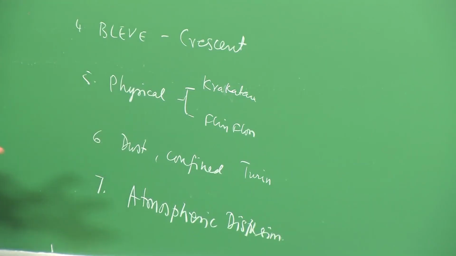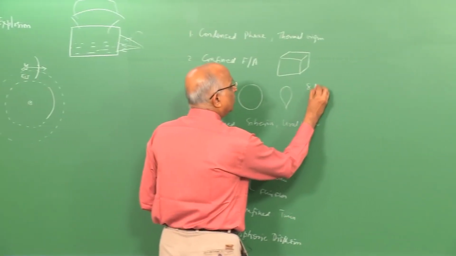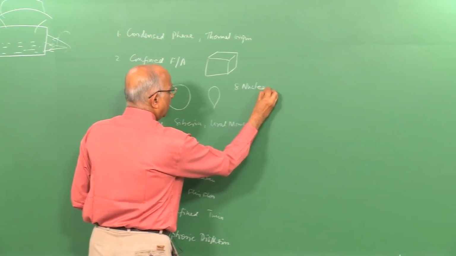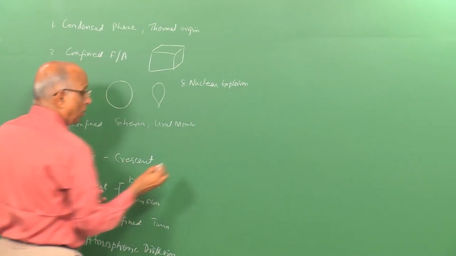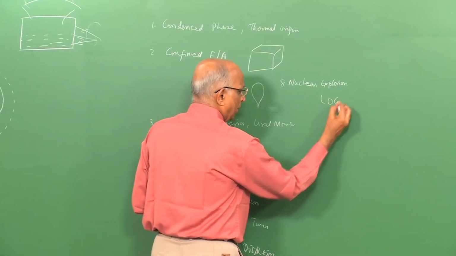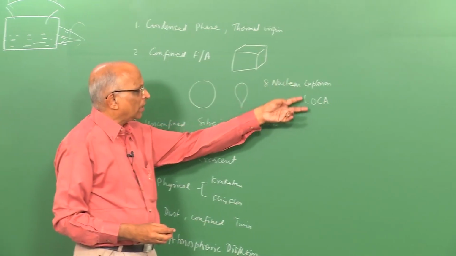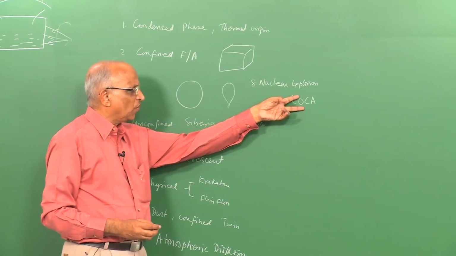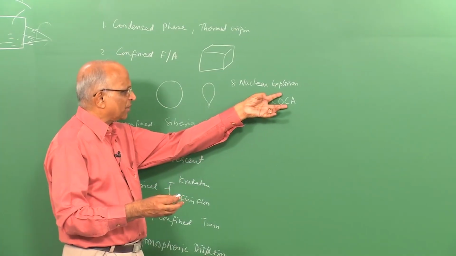We also talked of the great smog of London, and the last one, which was number 8, was nuclear explosions. In nuclear explosions, we talked of loss of coolant type of accidents, wherein maybe because of the hot metal coming in contact with water which is used for cooling, it generates hydrogen, and this hydrogen mixing with air causes an explosion.